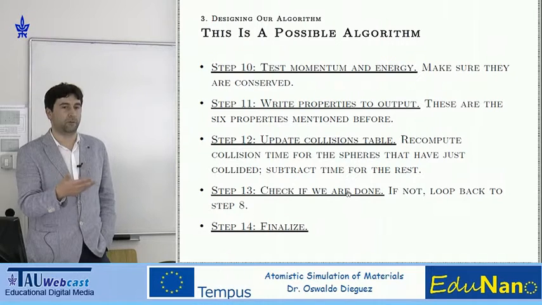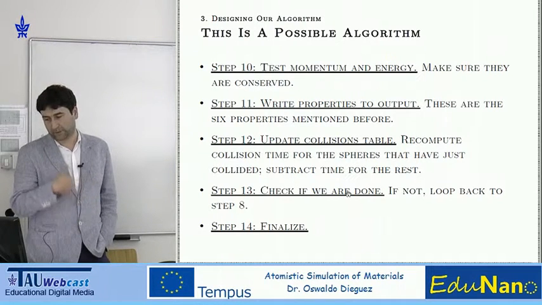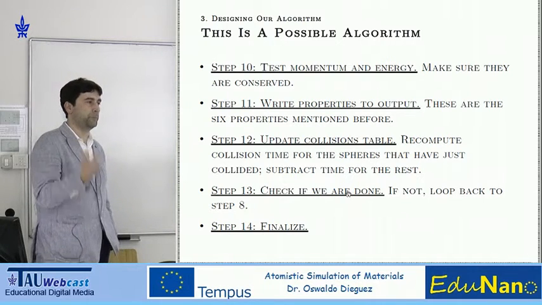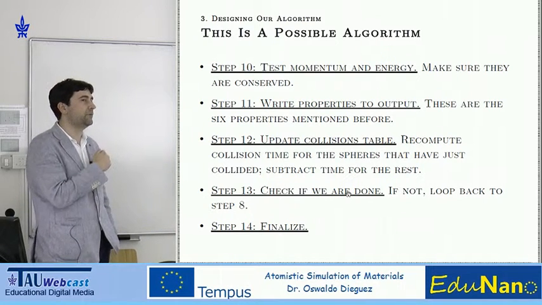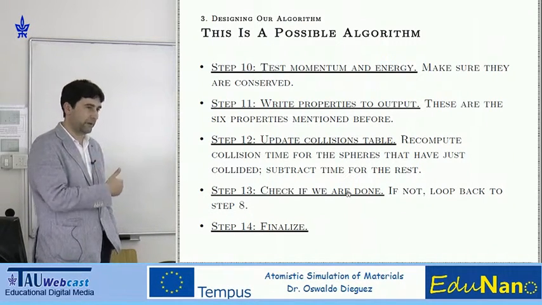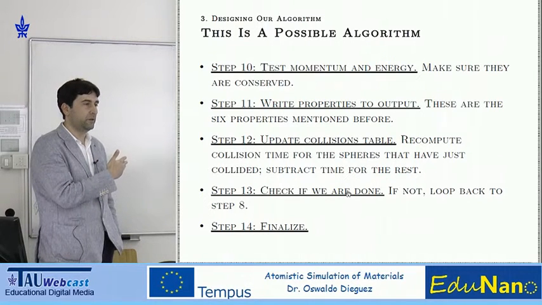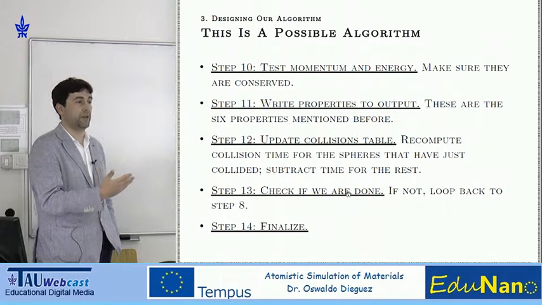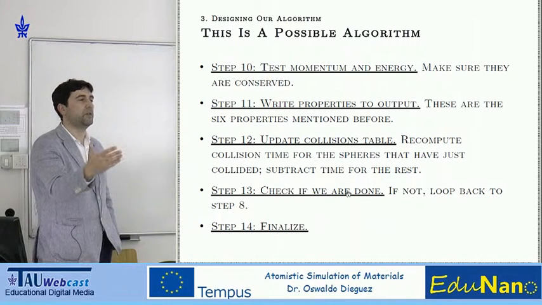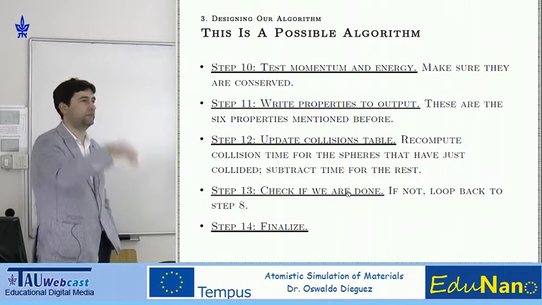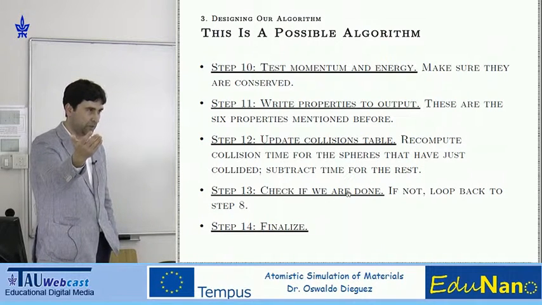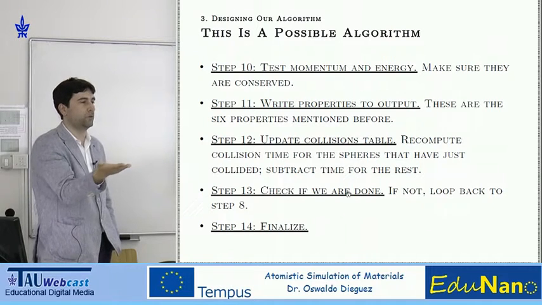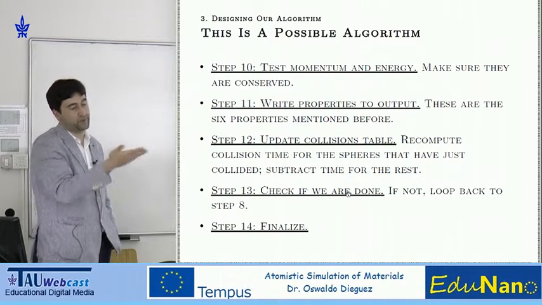You go to the table, and again you compute the time to collision for every pair. But again, as I said before, you don't really compute for every pair, because for many of them, nothing is going to change. Again, if ball 1 and 2 collide, and balls 7 and 8 were not meant to collide until 10,000 collisions from now, just because 1 and 2 collided, 7 and 8 are not going to collide sooner than they were going to collide.